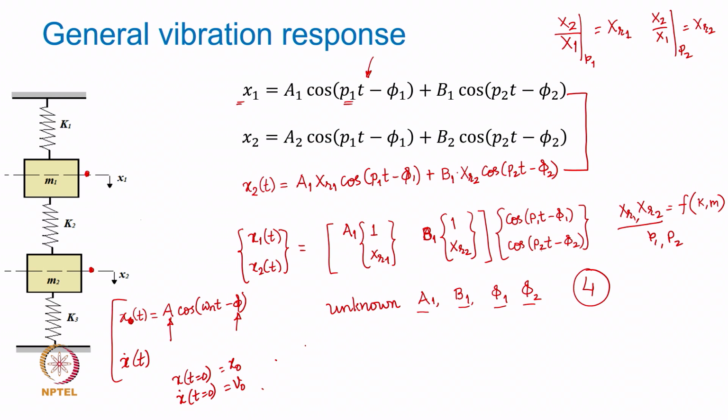Then you will have a complete expression for x1 and x2 as functions of time. Everything on the right hand side will be known, so that at any instant of time you can find the response, or generate the response history. That is how the free vibration response is going to be evaluated.